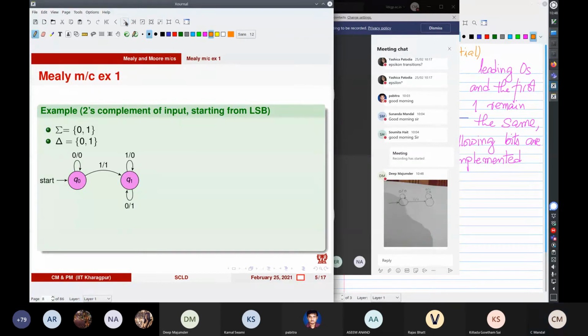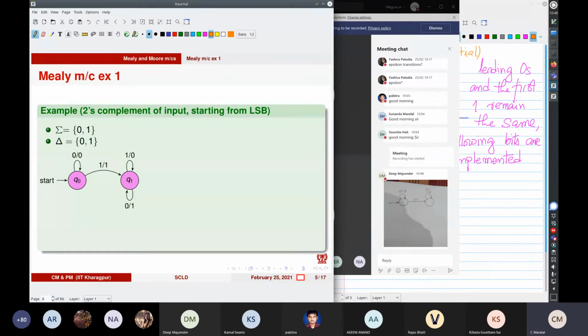As you can see, you start with this, your start state, and on zeros, these are your leading zeros. As long as you get zeros, you output 0.